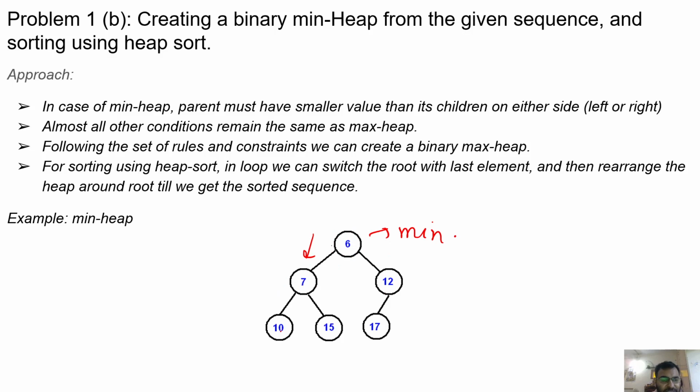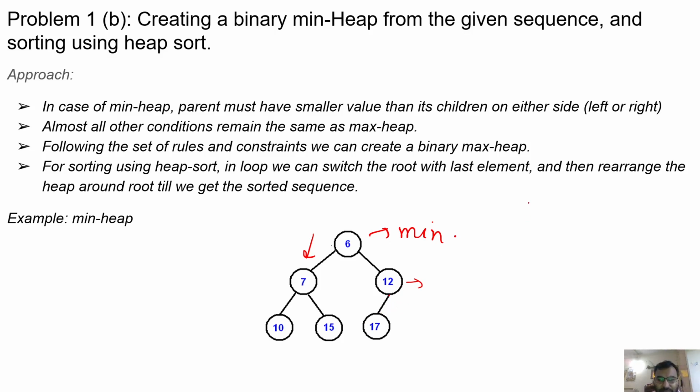Then node 7 has two children 10 and 15, which are greater than 7. And another node, that is 12, has a child which has value greater than 12.